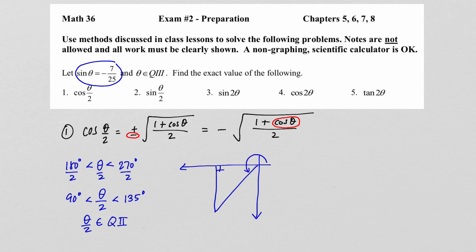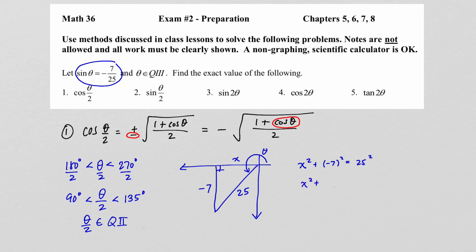And we know that sine of theta is -7/25. I'm just using the fact that sine is opposite over hypotenuse here. Now, to find the cosine of this angle theta, we need to know how long this side is. Let's call that x, and then we know that x squared plus -7 squared must be equal to 25 squared.